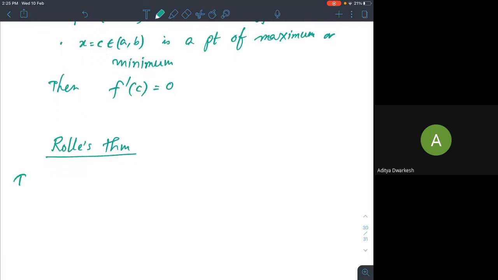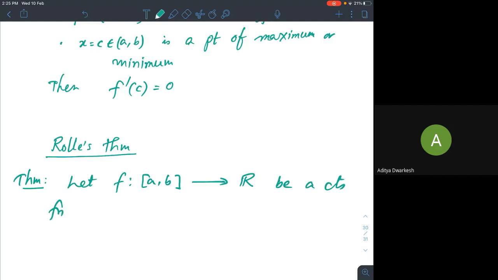So what is the statement of Rolle's theorem? You need a continuous function from the closed interval [a,b] to R, continuous, and differentiable on the open interval (a,b).